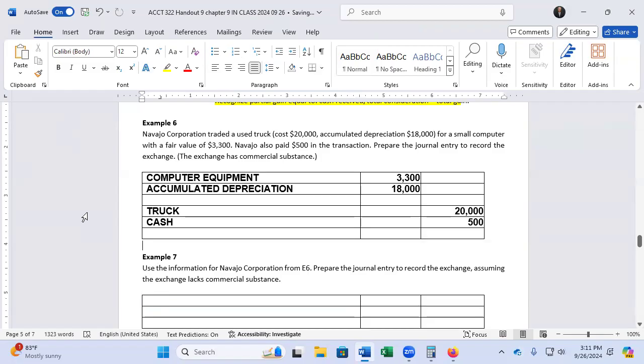So what did we give up? 20,500? No, 2,500, right?